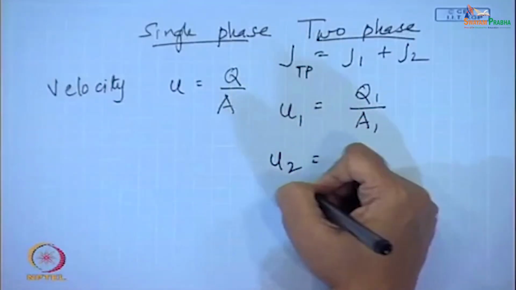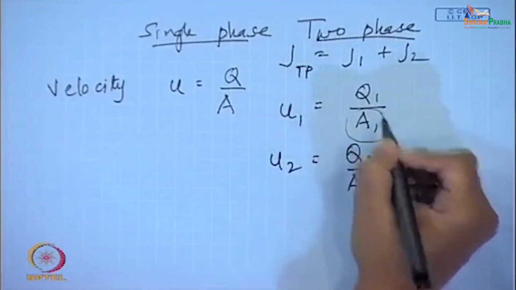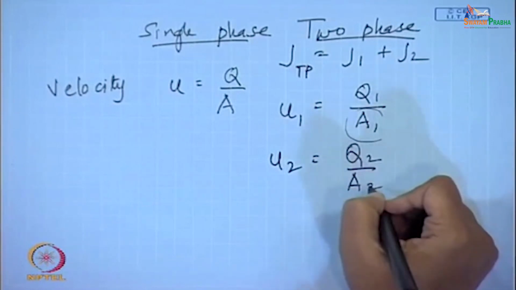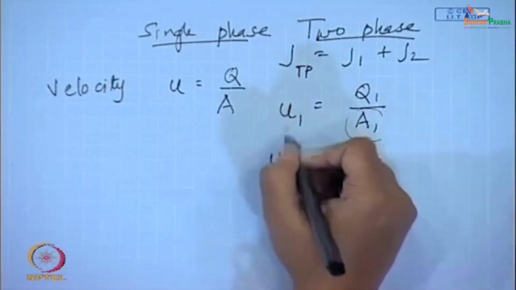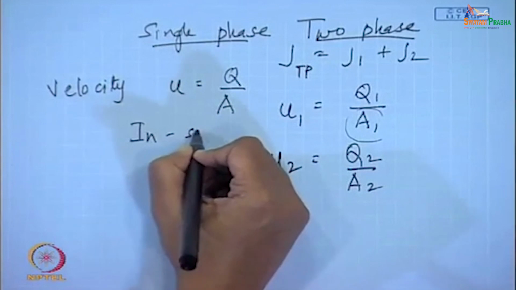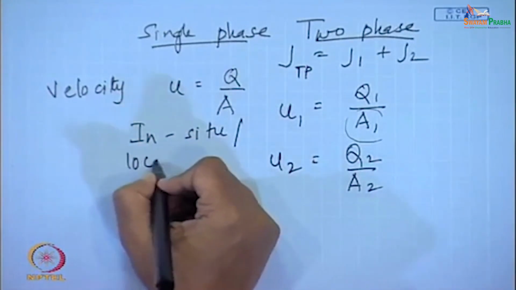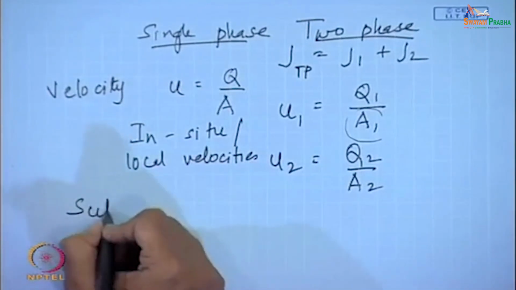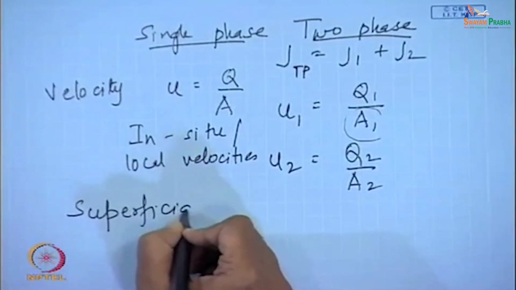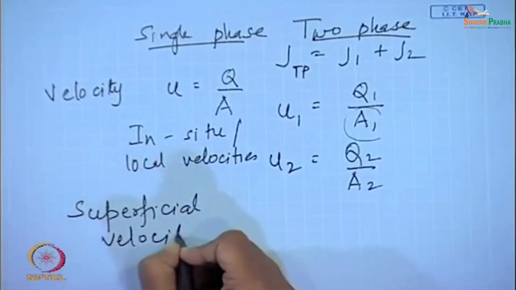So, apart from these local velocities u1 and u2, the velocities which happen inside the pipe depending upon how much of the area has been occupied, known as the in situ or local velocities, we define something known as the superficial velocity, which again is a measurable parameter.